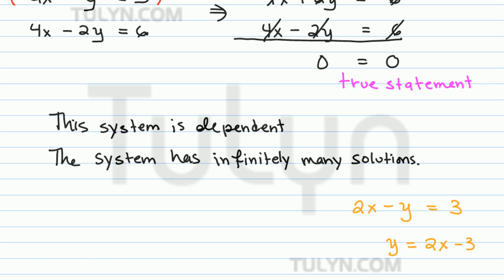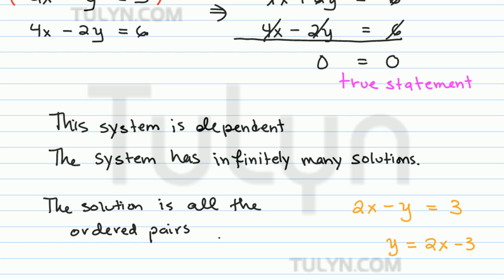So one way we can write it is that the solution is all the ordered pairs which satisfy x, comma, 2x minus 3. What I basically did here is instead of y, I substituted for what we know y to be, which is in terms of x.